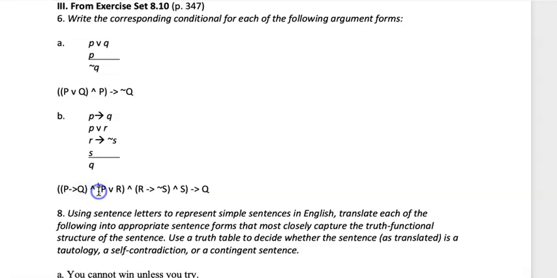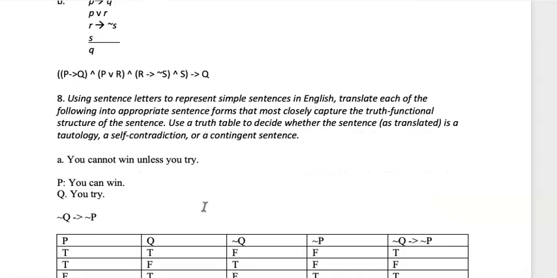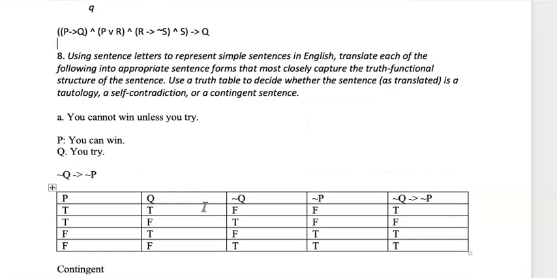This next premise, I put parentheses around, and the next premise, I put parentheses around, and then parentheses around the whole thing. And then I made the conditional the main connective. That's all it's asking you to practice here.